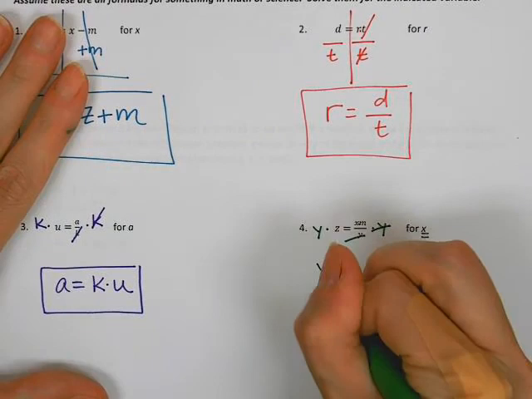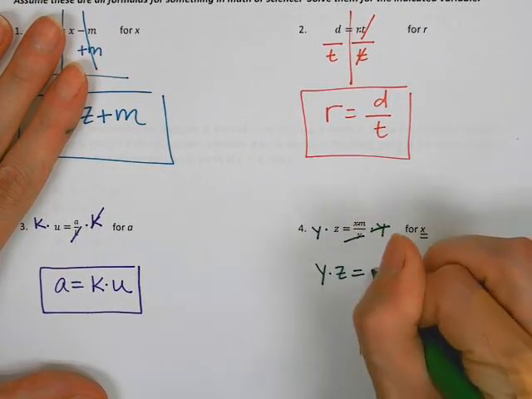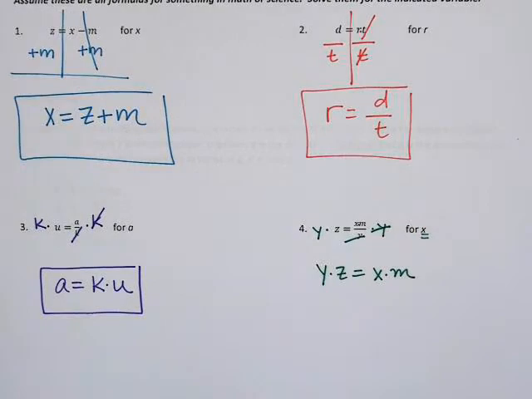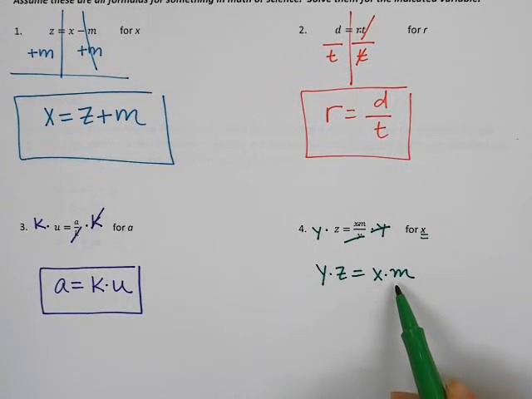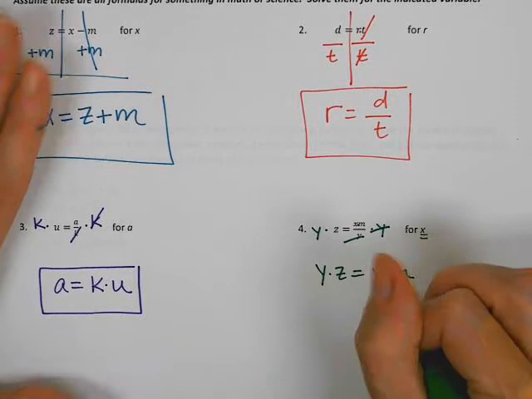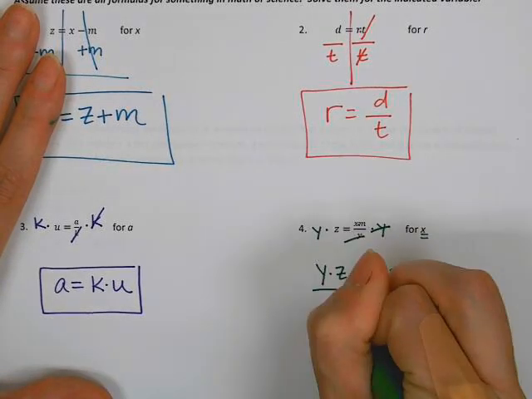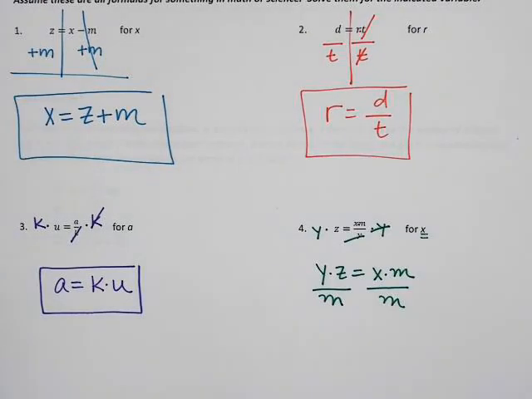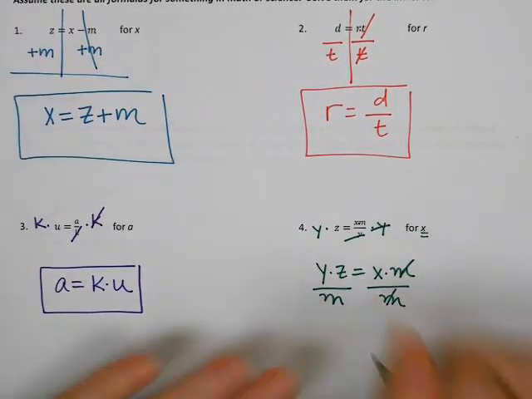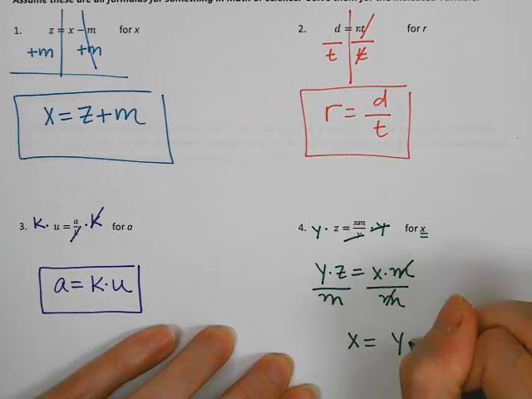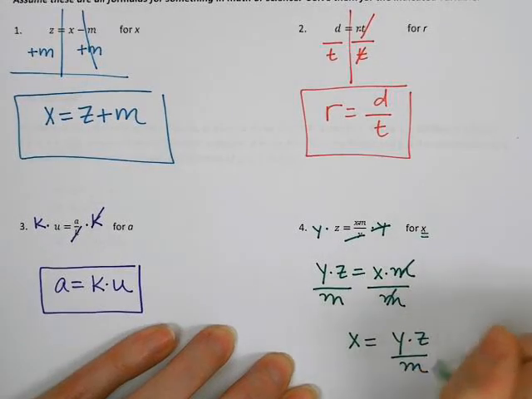And then we're left with Y times Z equals X times M. Okay, but we're not done yet. If we want to get X alone, how do we undo multiplying by M? Hopefully you guys are thinking divide by M. All right, so these cancel, and we're done. X is going to be Y times Z divided by M.